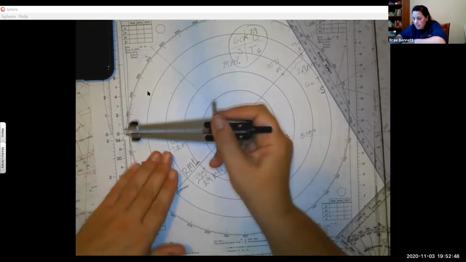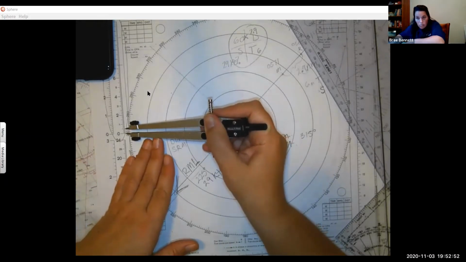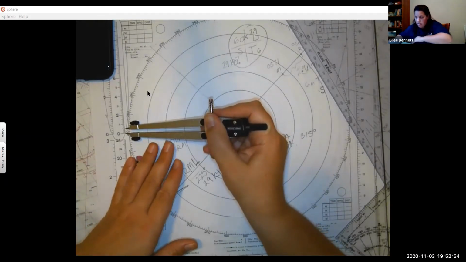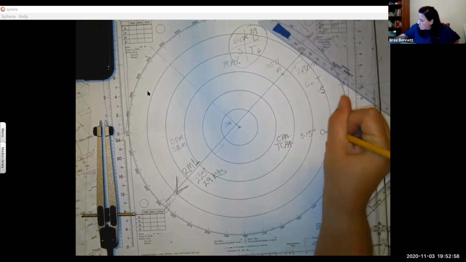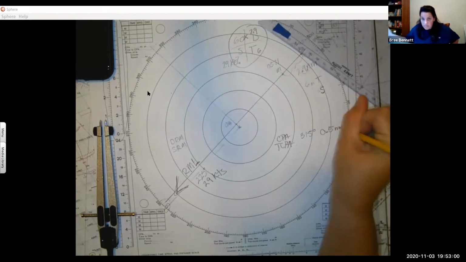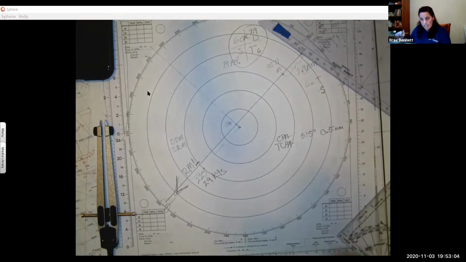Go over to distance. At 0.5 nautical miles. So that's my CPA. Now I want to figure out what time my CPA is.